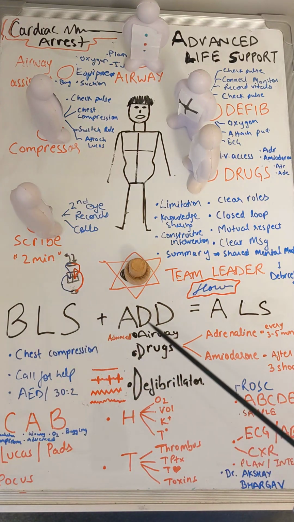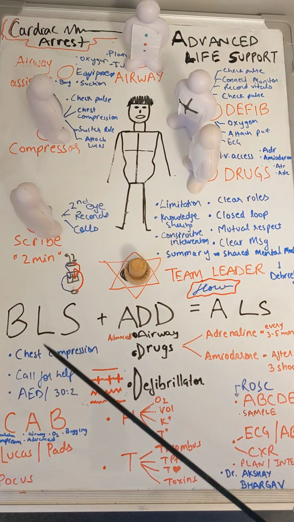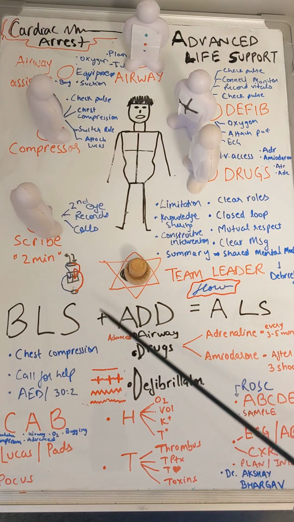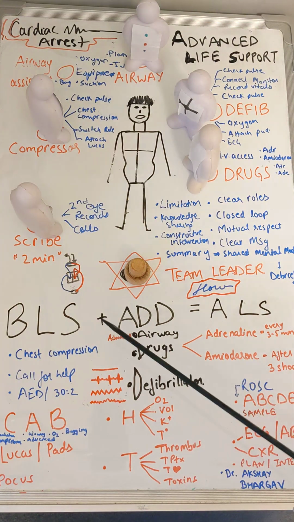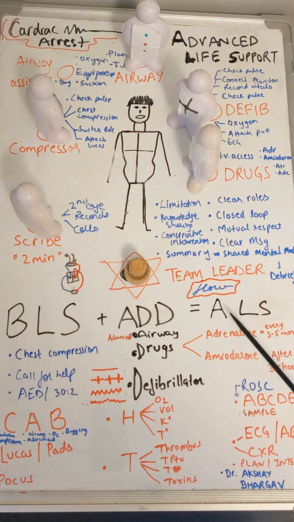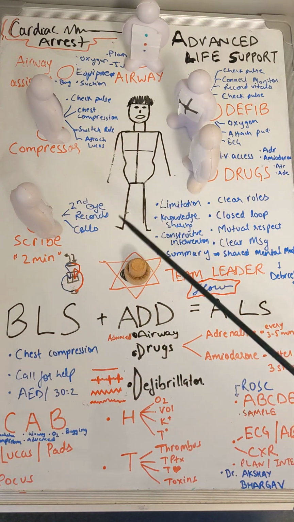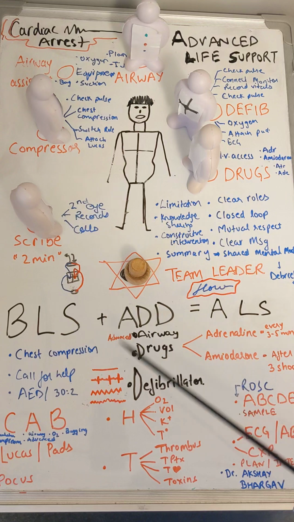Now the idea is that if BLS is not enough, and usually if somebody has undergone BLS, they need to be reviewed in a hospital. Now, in a hospital setup, the principles of life support are the same, but what is it that you can do extra?